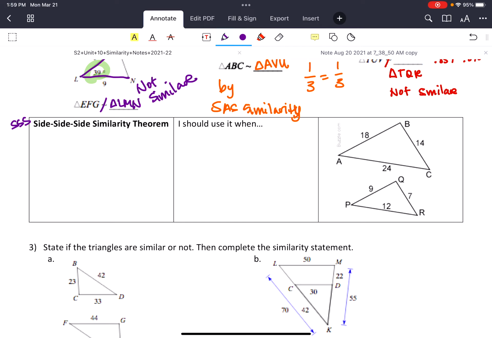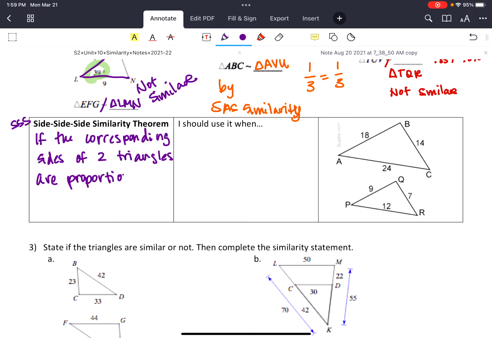The similarity theorem tells us if the corresponding sides, I have to stop and think about how to spell that every time, of two triangles are proportional, then the triangles are similar.